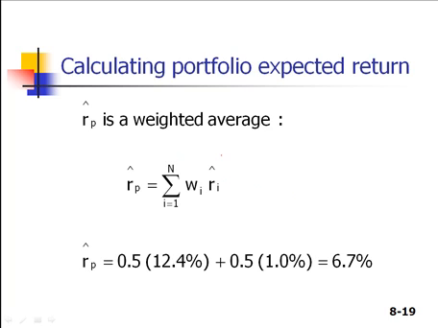we have is a summation from i equals 1 to n of the weight of each stock in the portfolio times the expected return on that stock. Again, the big Greek letter sigma represents a summation of different things, and in this case we're summing n things.